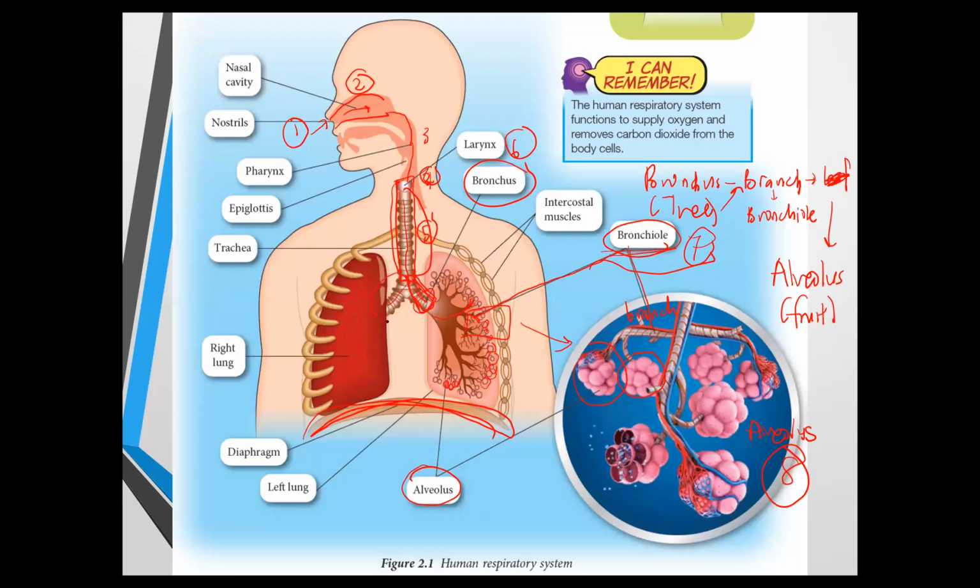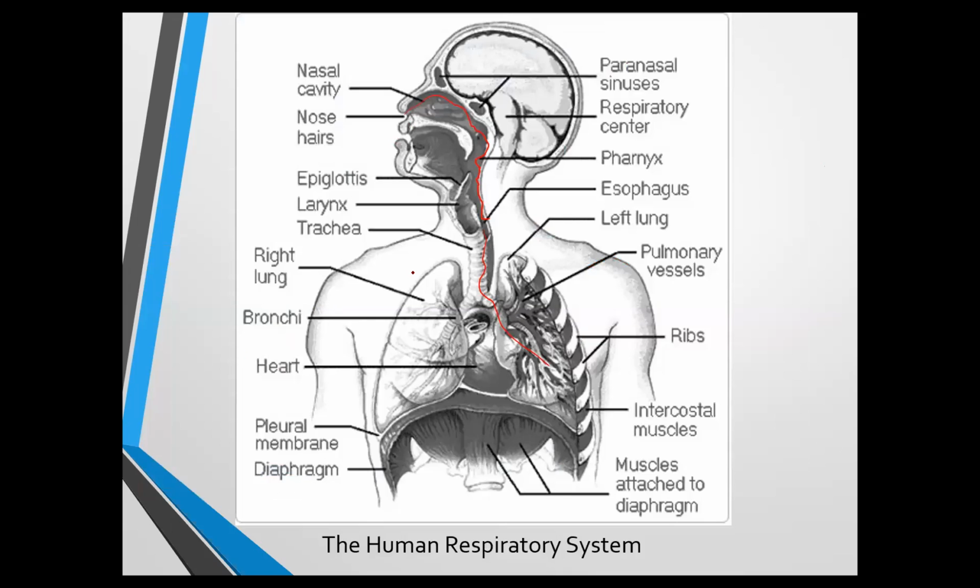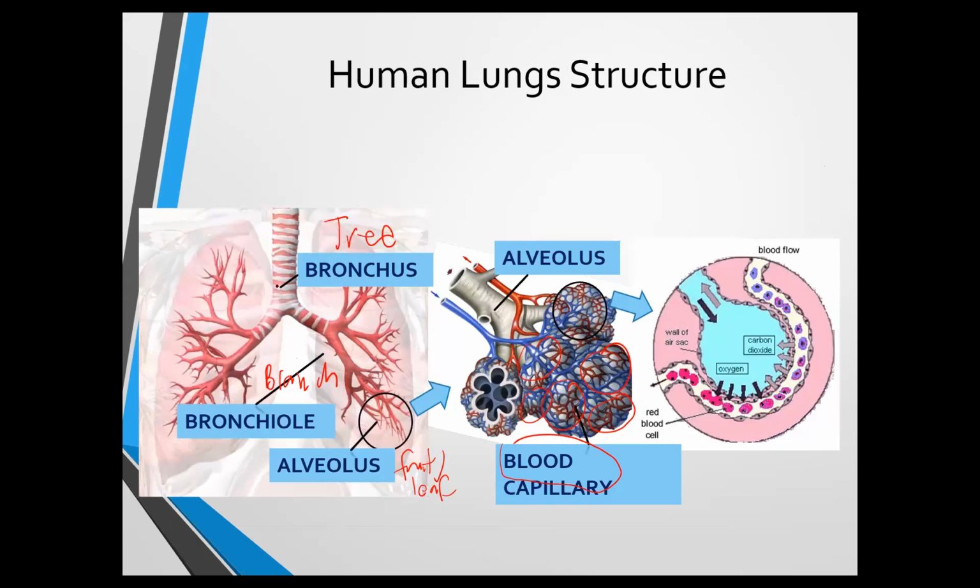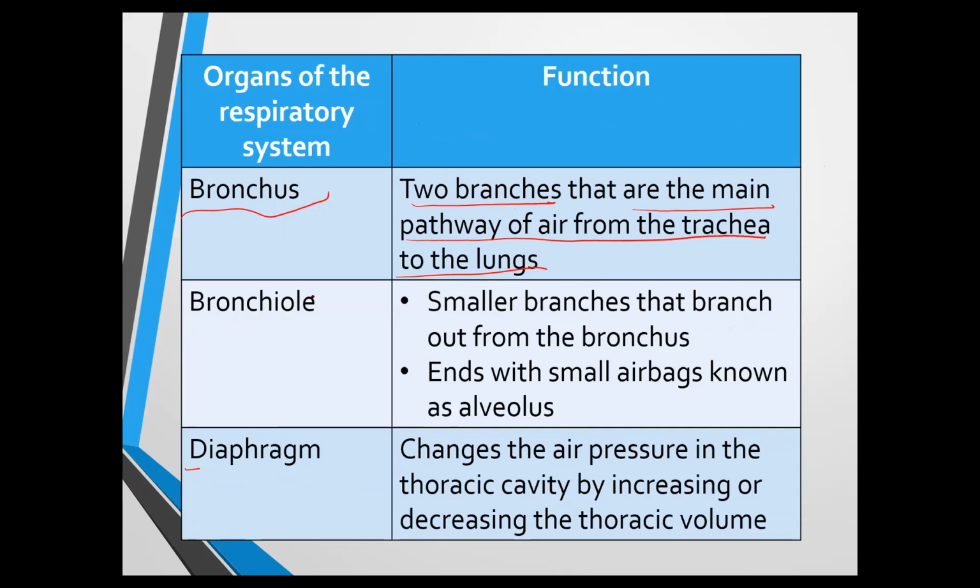I've got one here and one over the other side. Even in this diagram, you can see one here, the other one here. So the bronchus has two branches, the main pathway of the air from the trachea to the lungs.